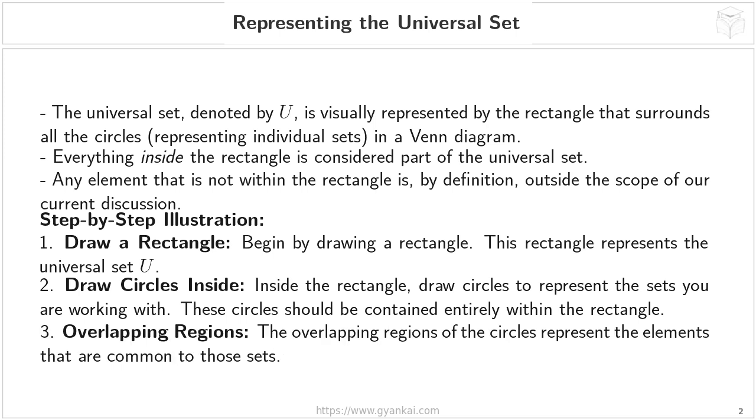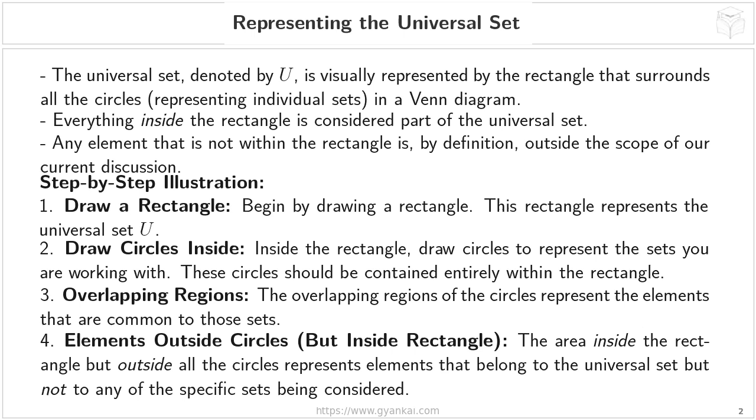Step 3, the overlapping regions of the circles, where the circles intersect, represent the elements that are common to those sets. We'll see this in action with examples on the next slides. Finally, step 4 is really important. The area inside the rectangle, but outside all the circles, represents elements that belong to the universal set, but not to any of the specific sets we're focusing on.